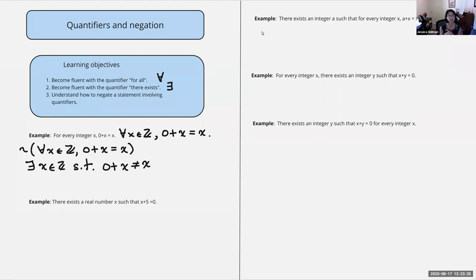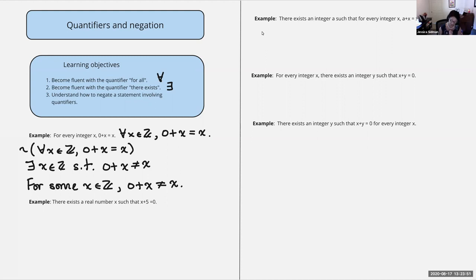And if I wanted to write the statement in words, I might say, for some x that's an integer, 0 plus x is not equal to x. In writing, the words there exists and for some are sort of interchangeable.